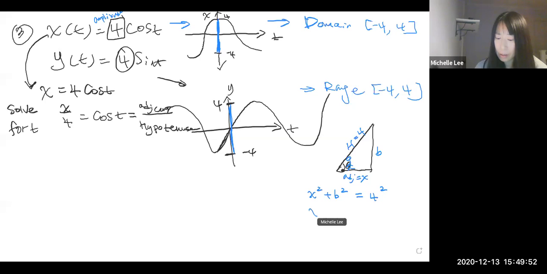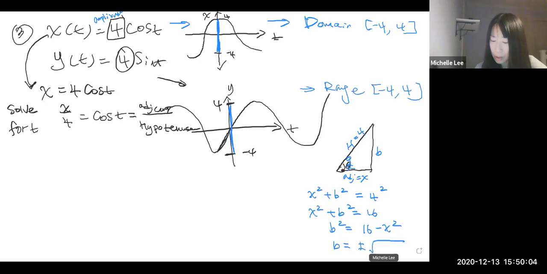Then we have x squared plus b squared equals 16. b squared equals 16 minus x squared. b equals plus or minus the square root of 16 minus x squared. In this case, we talk about length, so we pick only the positive, right? So the square root of 16 minus x squared, okay?